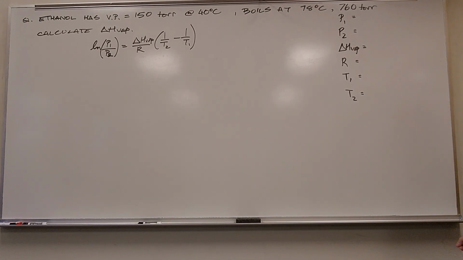So ethanol boils at 78 degrees Celsius. When it's boiling, its vapor pressure is equal to atmospheric pressure. And the question gives it to you in torr, so why not? That would be 760.